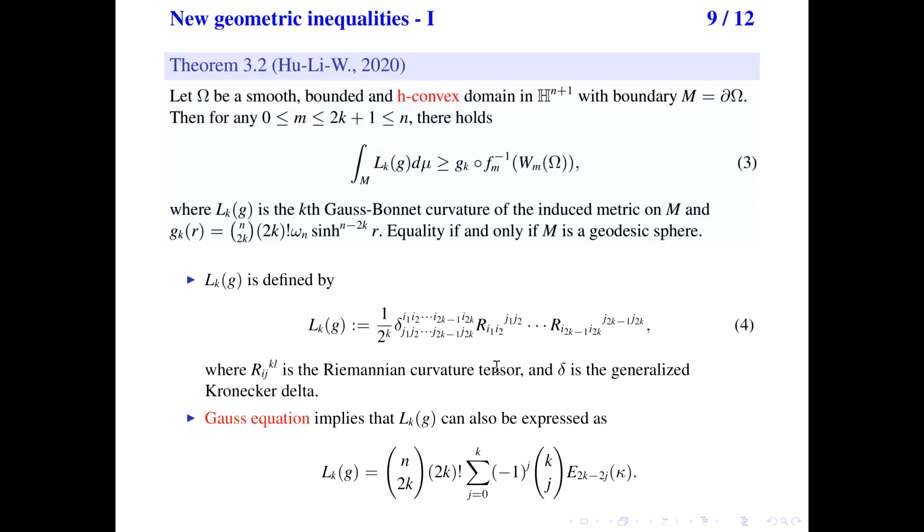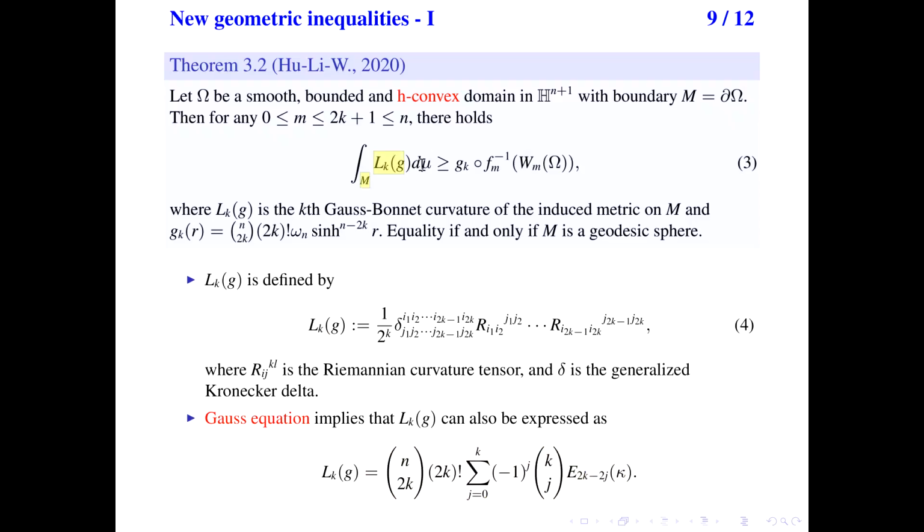Recall that for a hypersurface M in the hyperbolic space, we can apply the Gauss equation to relate the curvature tensor to the second fundamental form. And then we see that the Gauss-Bonnet curvature L_k^G can be expressed as a linear combination of the k-mean curvatures.